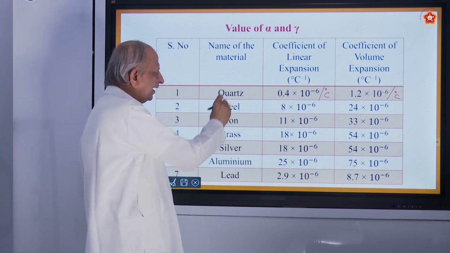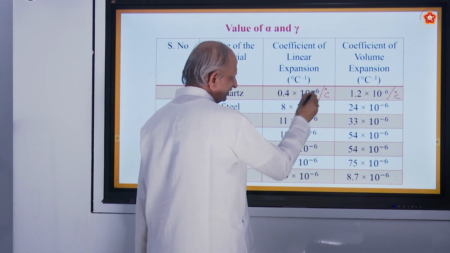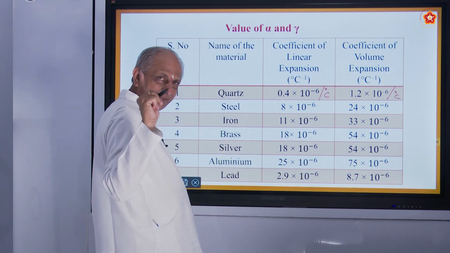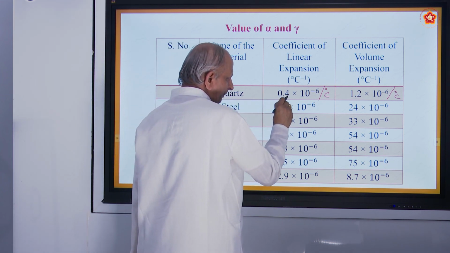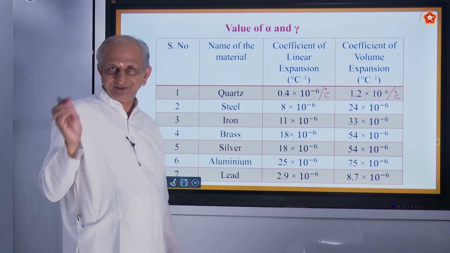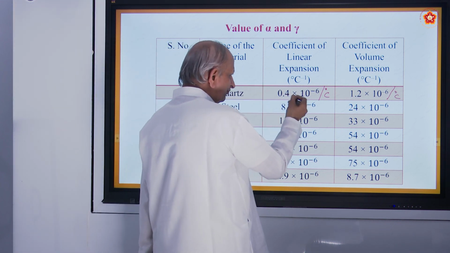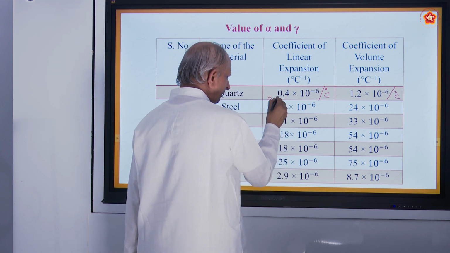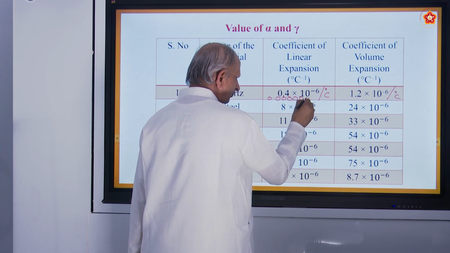So for example, quartz, its alpha is 0.4 into 10 to the power of -6 per degree Celsius. Means if you give 1 degree Celsius temperature, the length will increase by 0.4 into 10 to the power of -6. Don't think this is a very big unit. It's very, very small. -6 means you must have 5 zeros here. So this will be 0.000004.